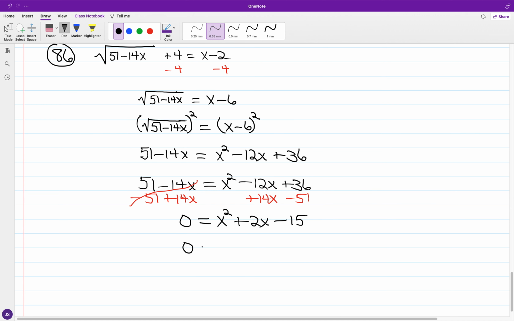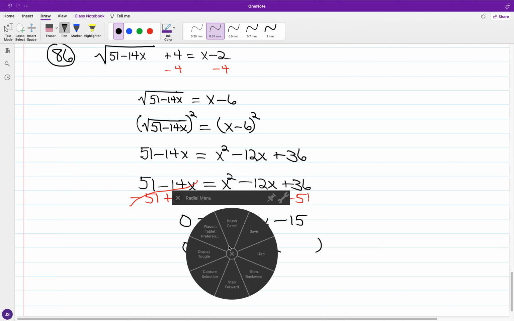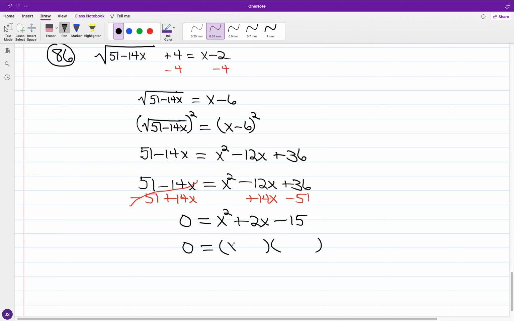And here we have a trinomial that is factorable. So with x squared, this will go to x and x. And factors of negative 15, where the sum or difference will be on the plus side at 2. So we're going to have more weight given to the addition than to the subtraction. And so we now are at the stage where we can utilize the zero product property.